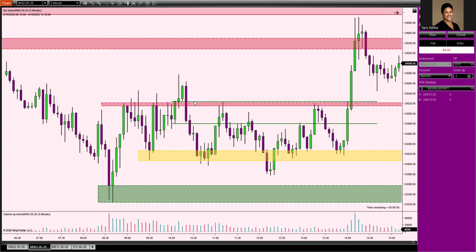Now, this green line here is where I like to measure the candle that actually broke out. This is the setup that I use for the 9 a.m. breakout or the first 30-minute ORB breakout. I like for it to break out and give me some type of direction. We had that breakout candle right here. I want to measure the high and the low of that breakout candle.